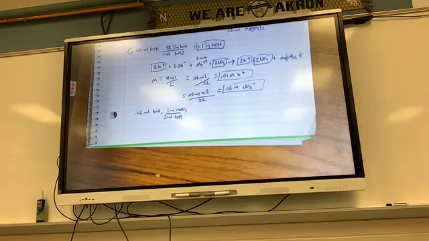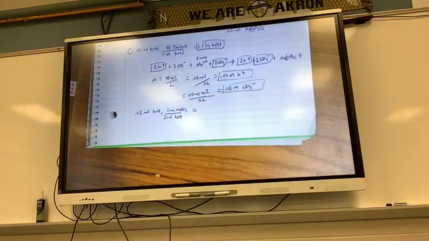I'm trying to think, is that the last step? Because we need moles per liter. This would be how much is used.